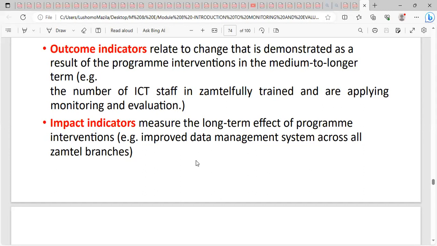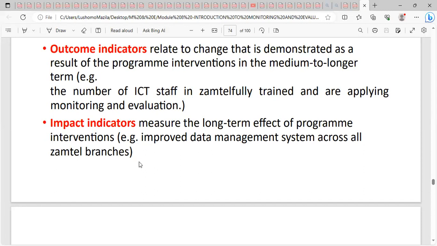What benefit will you give to the organization? Here we are talking about an improved data management system across all Zamtel branches. So since people are applying in the outcome, what will that do for Zamtel? We are going to have an improved data management system.